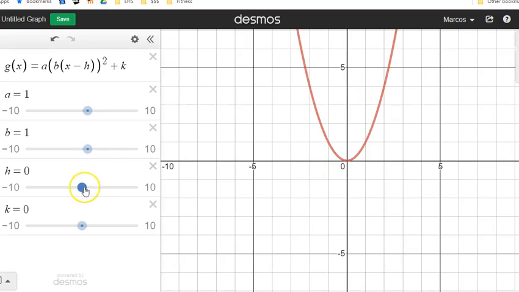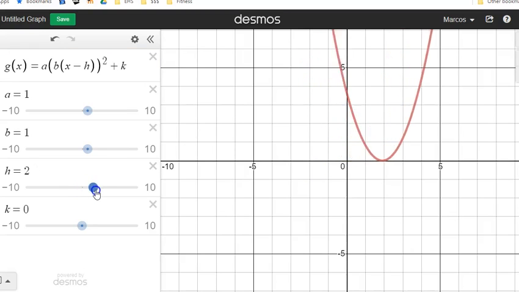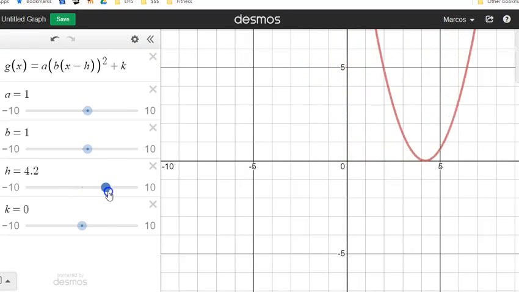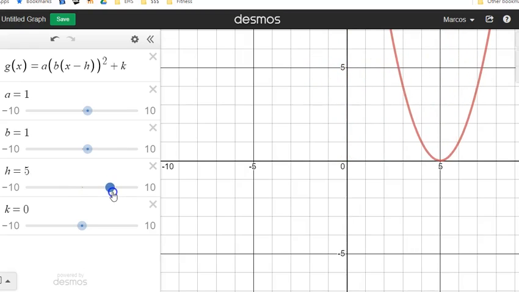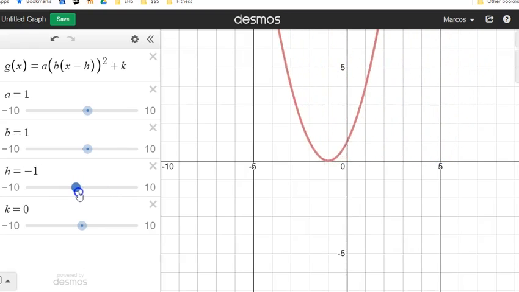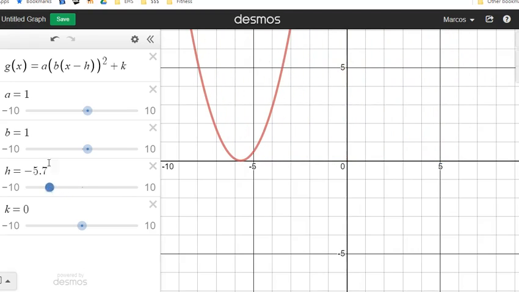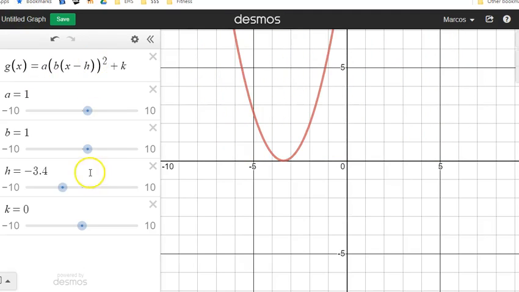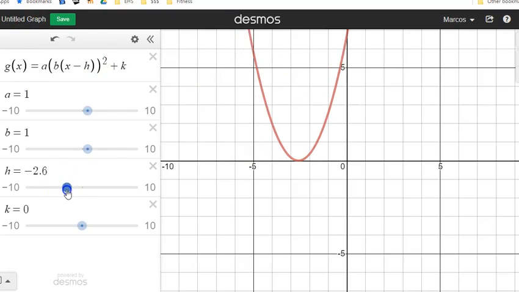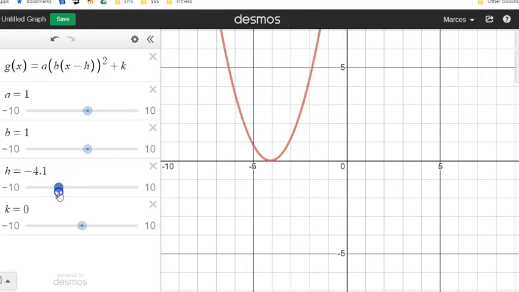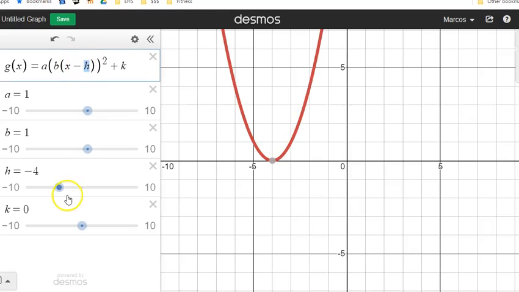Let's go to the H first, which is the shift left and right. If I make it a positive number, it's going to go to the right. If I make it a negative number, it's going to go to the left. Now, the reason it's not the opposite as I showed you before is because all I'm doing is saying my H value is like here, -4, which means when I would type it into here, I would make it a +4, double negative.